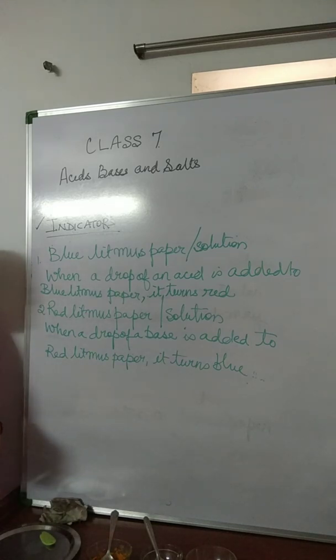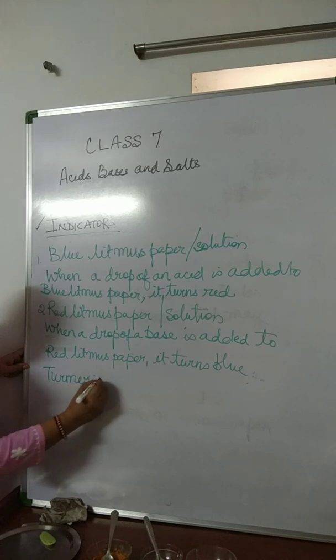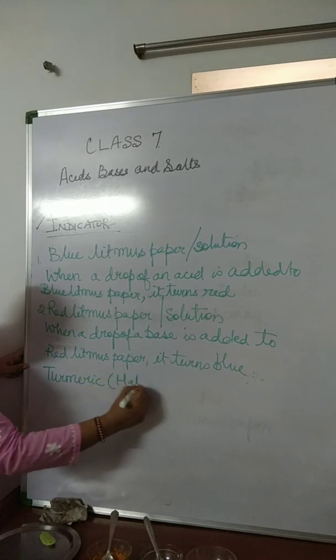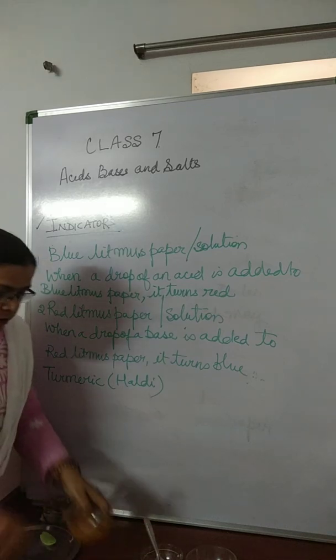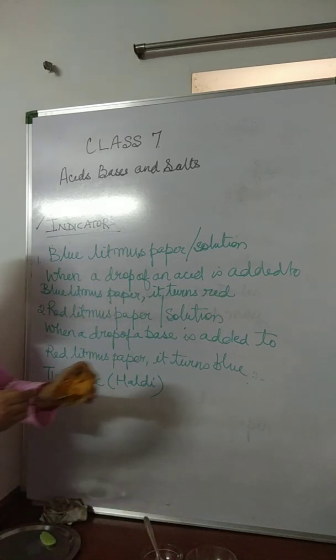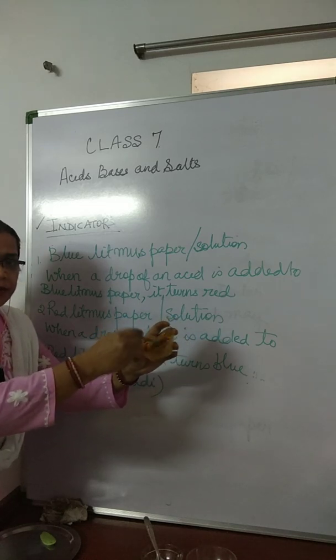There is again another indicator which we use, which is known as turmeric. This is known as haldi. So here before you we have haldi. I have made a paste.